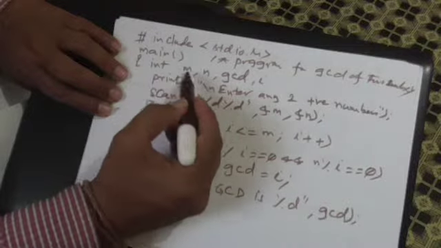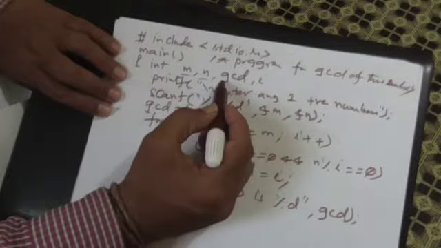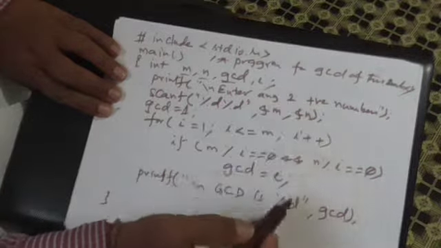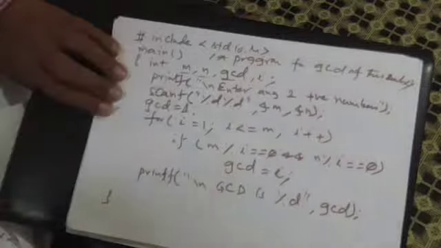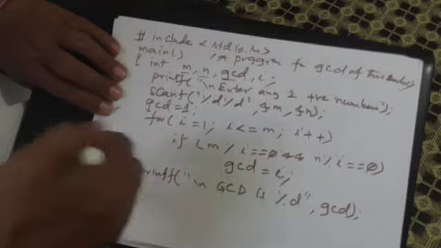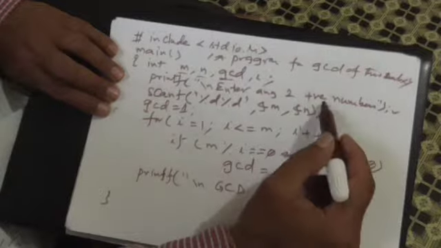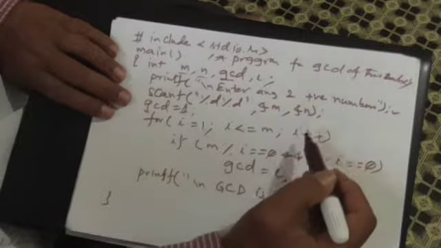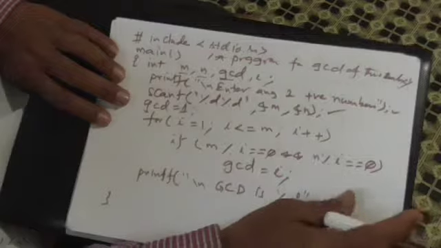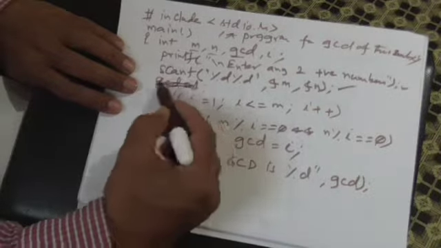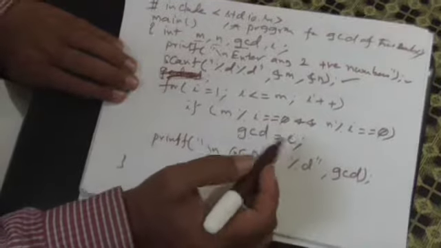They have taken two numbers m and n, a variable called GCD, and one variable i for generating the natural numbers. My first statement prompts you to enter any two positive numbers, and then you accept the numbers. However, this is redundant and not required. Even if it is there, no problem.